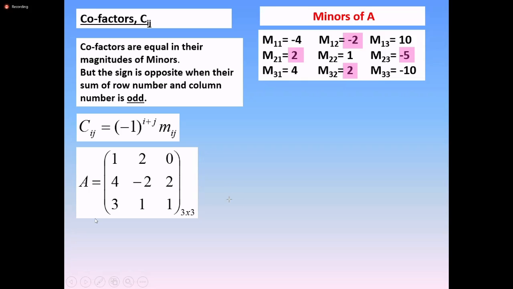But in this position, diagonal position. So I think you understood. I'm doing too much explanations. So then we can write the cofactors here very easily.